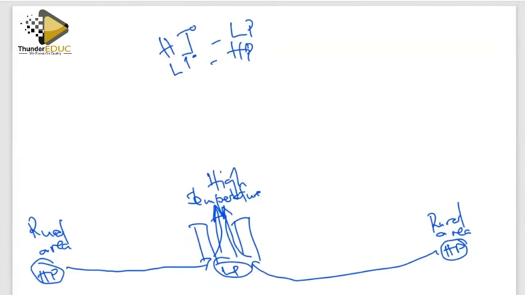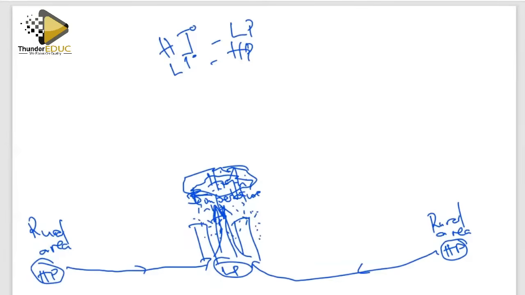As the air rises, remember it reaches the dew point, and ultimately there will be clouds forming over the urban area, what we call localized precipitation. It will be localized. We have precipitation being received in the urban area here. Because of the effect of the heat island, it tends to cause a convective effect in the urban area, resulting in the upliftment of warm and moist air coming from the rural areas and causing precipitation over the urban area.